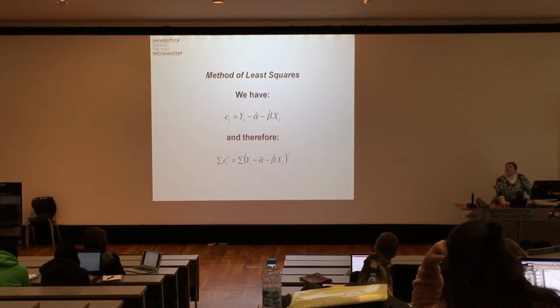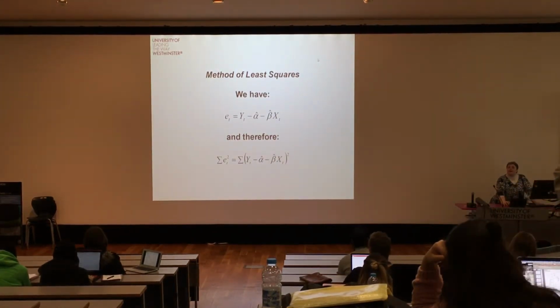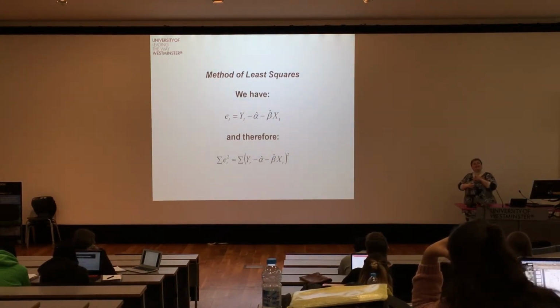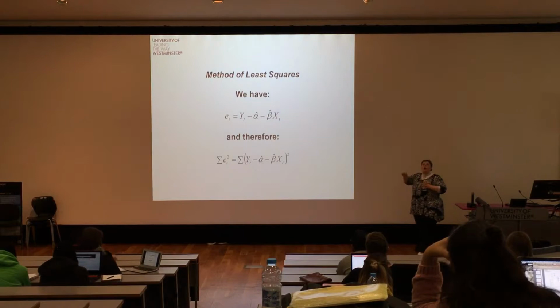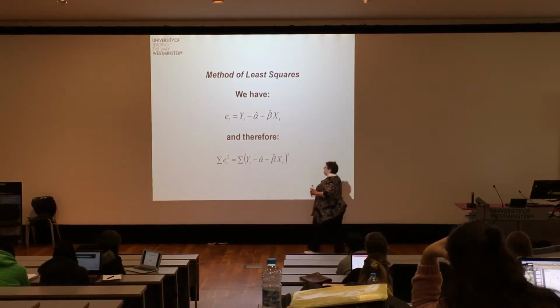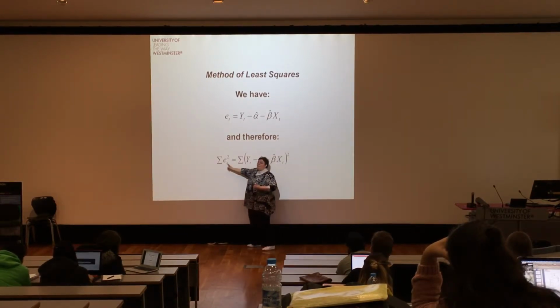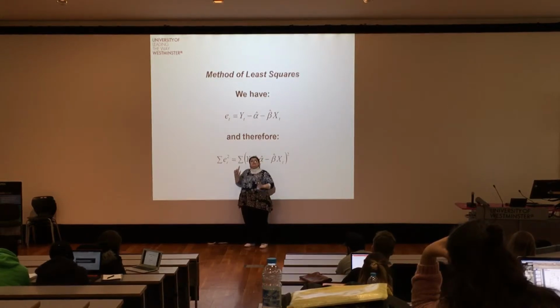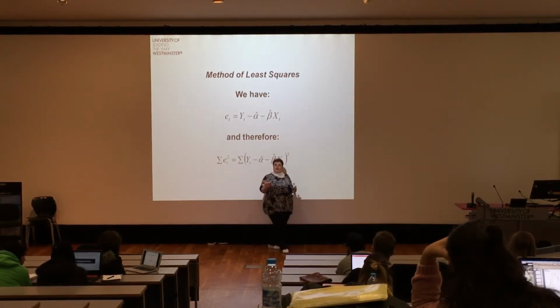So, how do we calculate these parameters, alpha and beta? The most used technique is the ordinary least squares method, the method of least squares, that requires that the sum of the squares of the residuals is as small as possible.